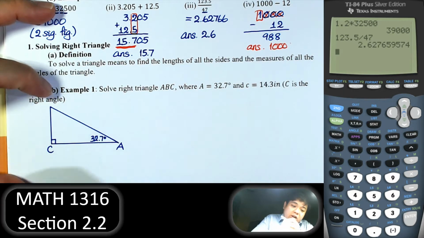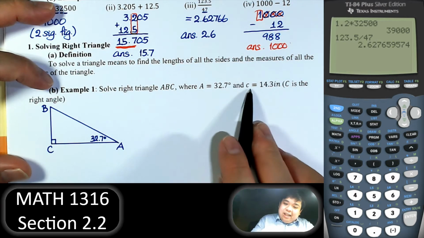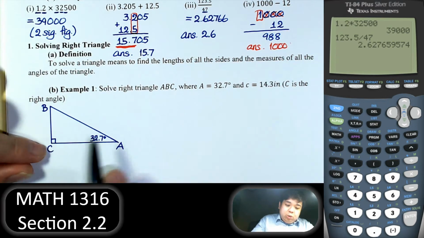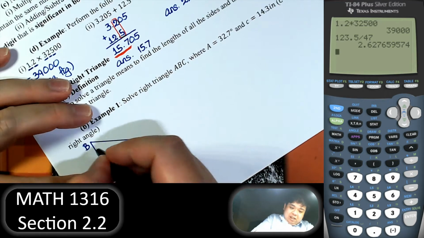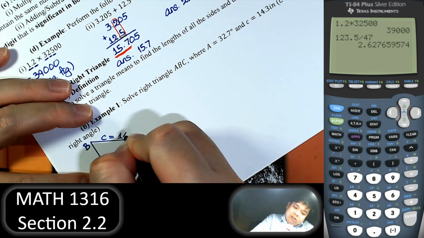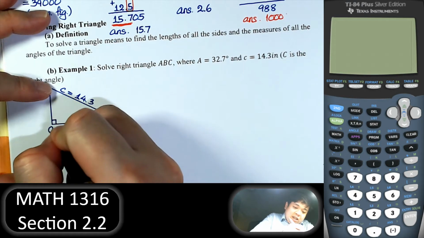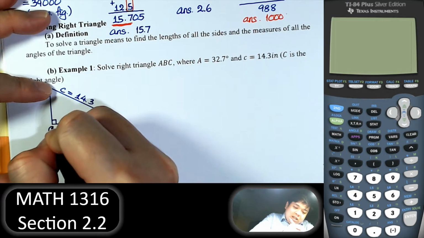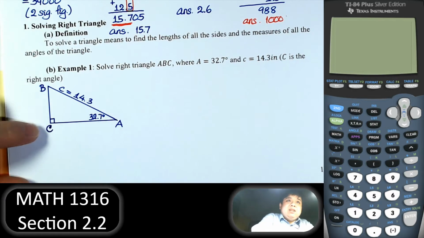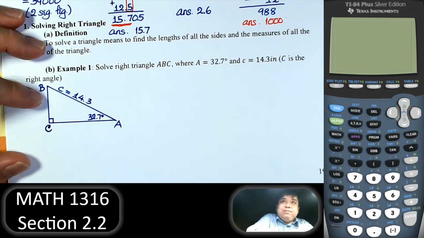Angle B we don't know. Side c is opposite to angle C, 14.3. By the way, for the angle C and the side c, let's just say the angle is a capital C with a little curly on the head.